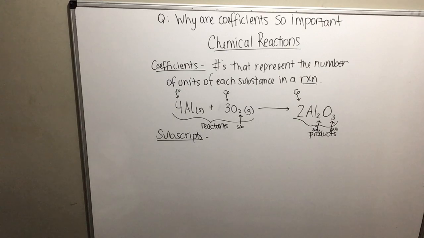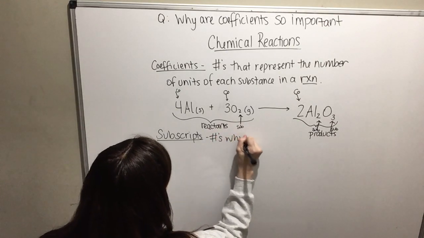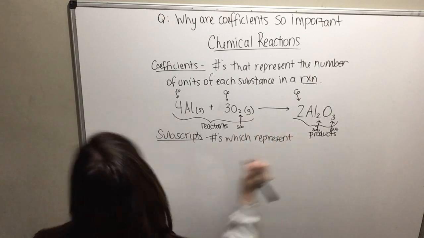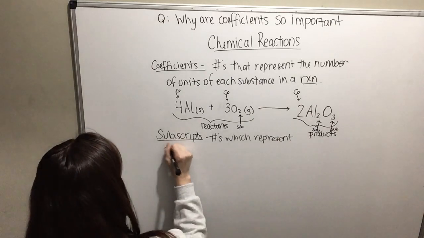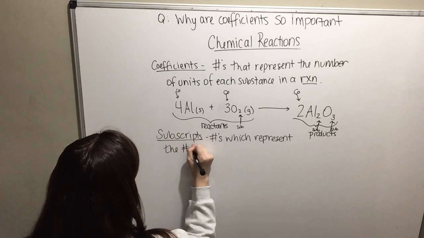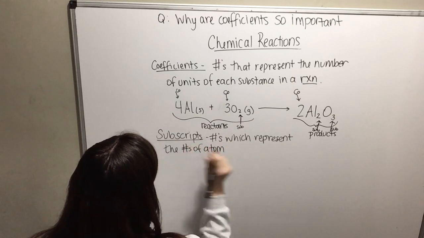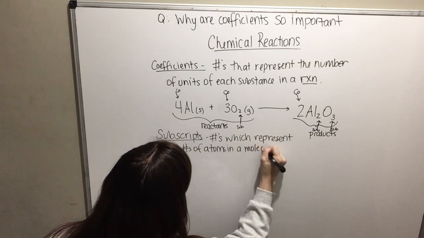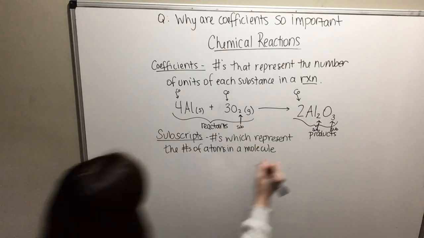These are the numbers which represent the numbers of atoms in a molecule of a particular element.